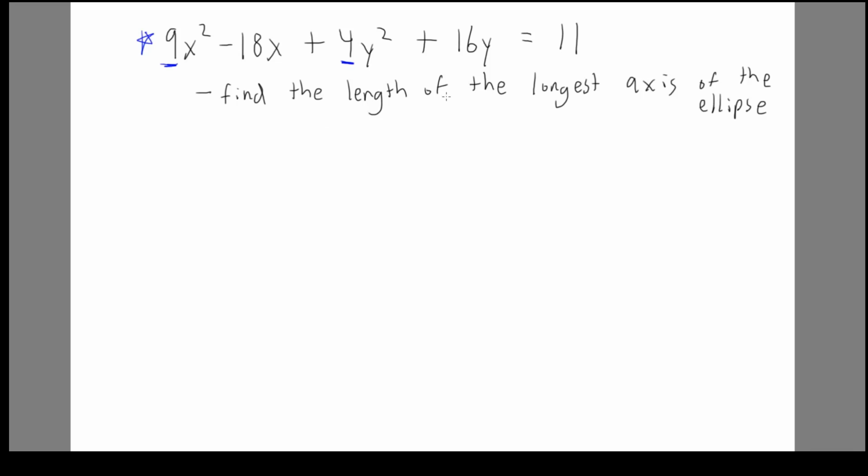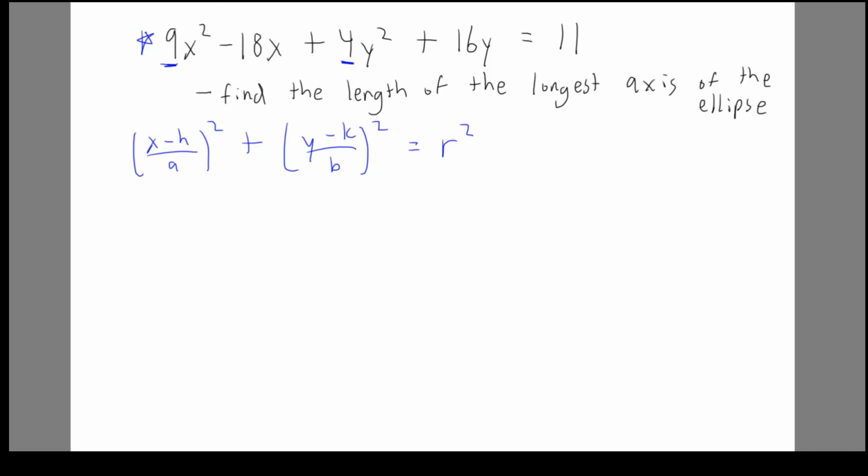The standard form is, as we went over before, x minus h over a squared plus y minus k over b squared is equal to r squared. So basically we have to figure out a way to complete the square to get x minus something squared and go from there. First, before we do anything, let's factor out a 9, because if we want to complete the square, we have to have x squared just by itself.